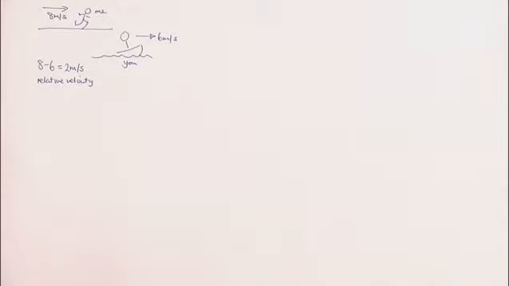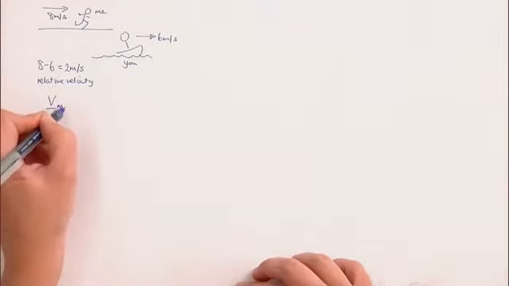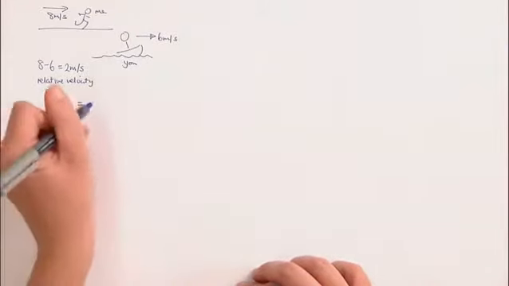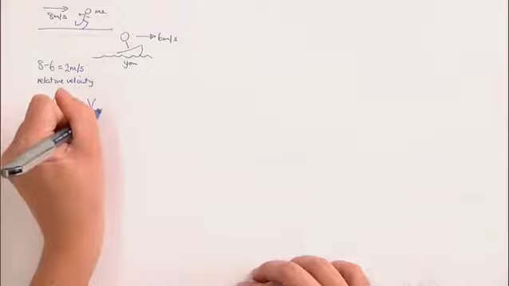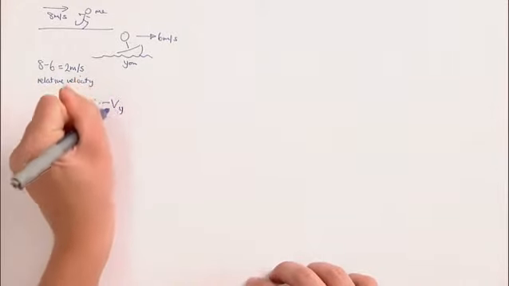We can use vector notation to generalise this. My velocity relative to you is equal to my velocity relative to a stationary observer minus your velocity relative to a stationary observer.